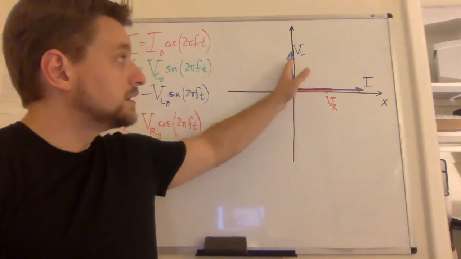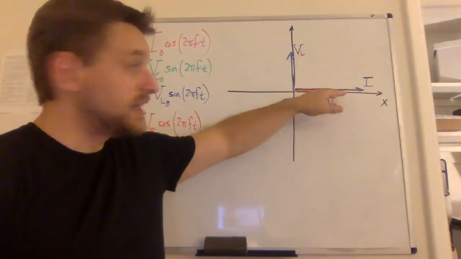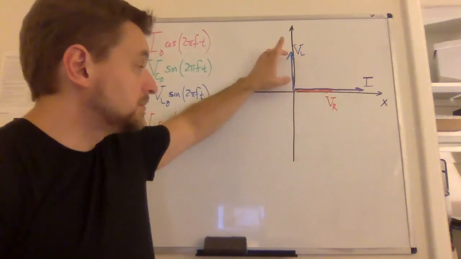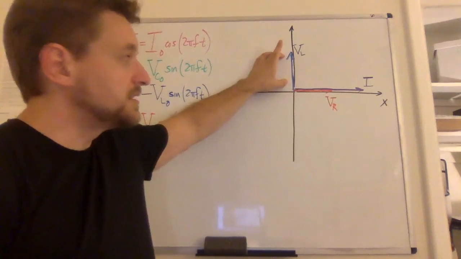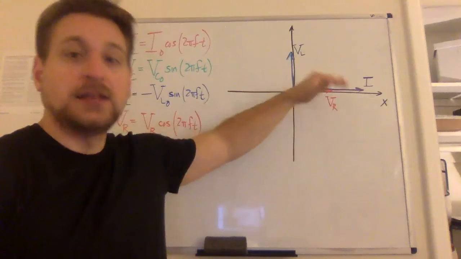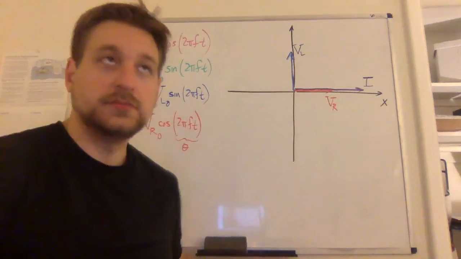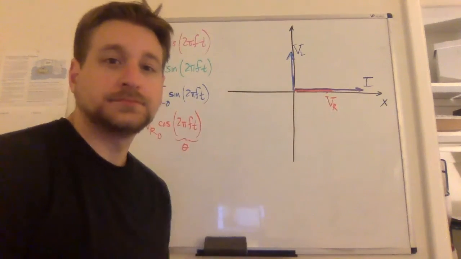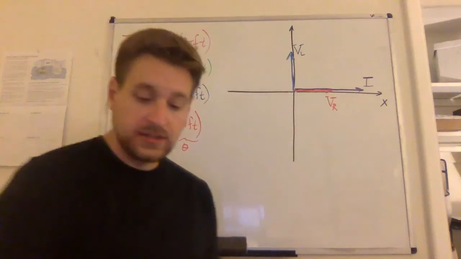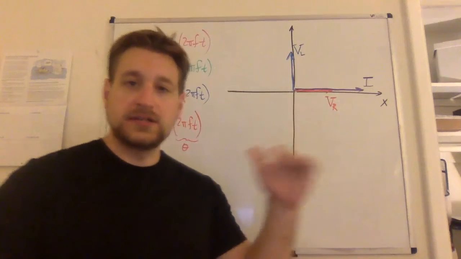The potential difference across the inductor is 90 degrees ahead of the current, ELI. For the capacitor, current leads the voltage.